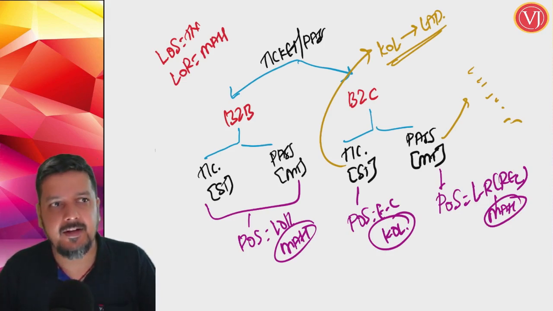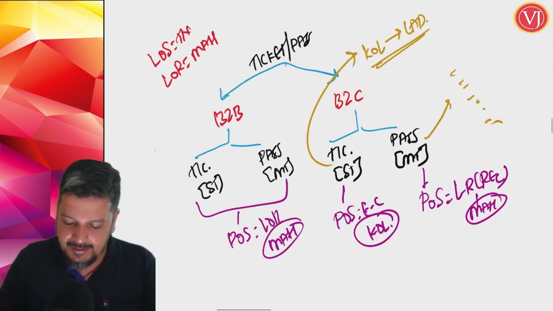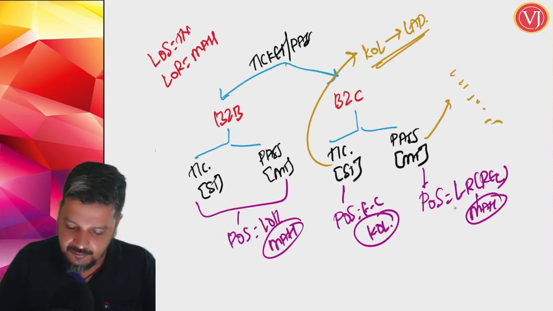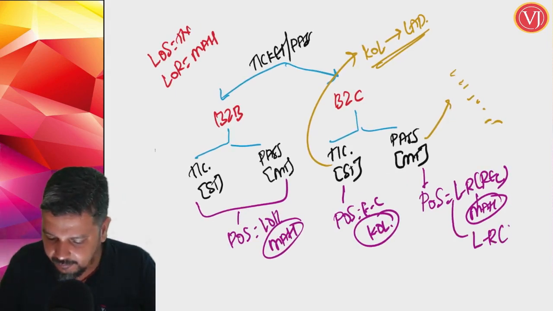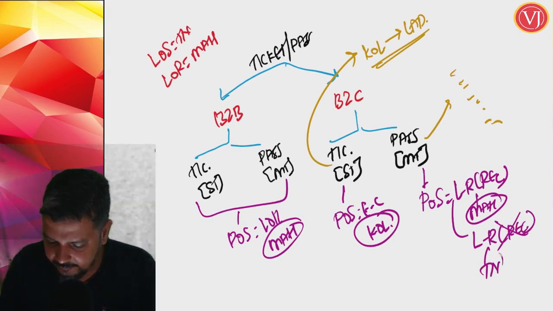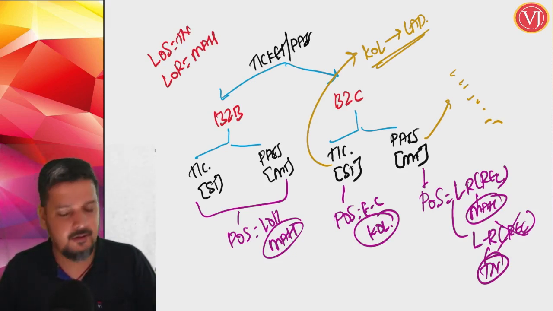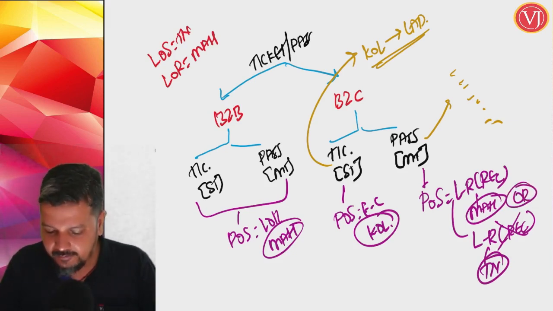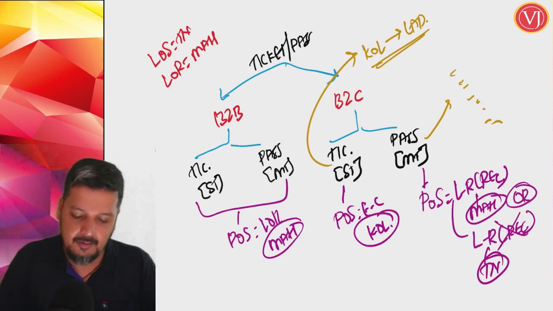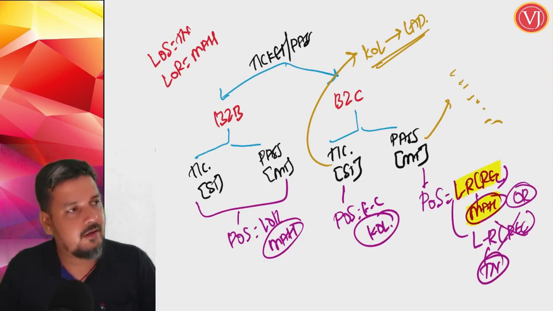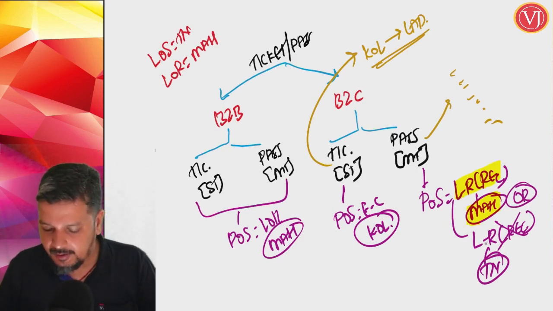Are you guys clear with this understanding? If by any chance location of recipient is not there in records, then it is location of supplier, Tamil Nadu. It is either or. If you have the recipient address, location of recipient. If you don't have the recipient address, then location of supplier.